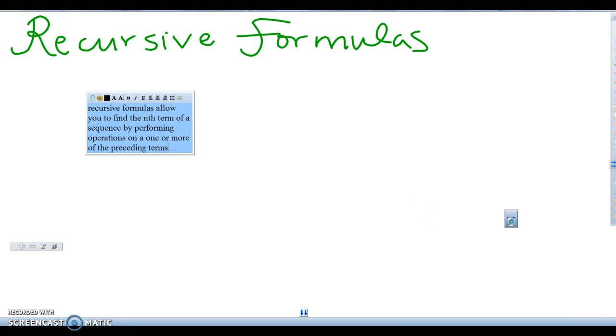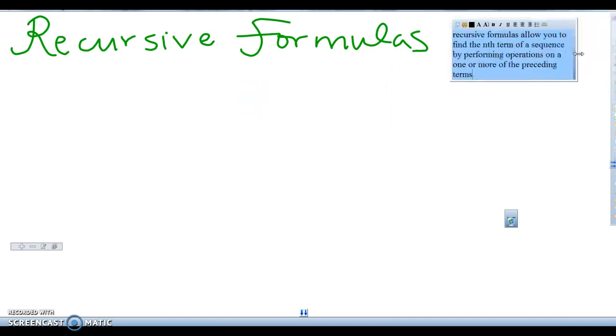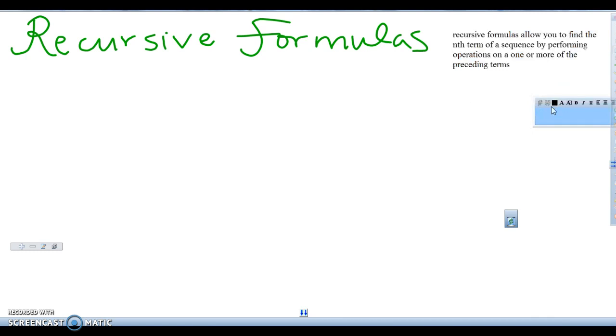Okay, so that's kind of what it is, and I know that's kind of a wordy definition. And definitions, again, don't mean a lot to us in math if we don't understand what's going on. So let's say I have a sequence, and I know the first term is 7.